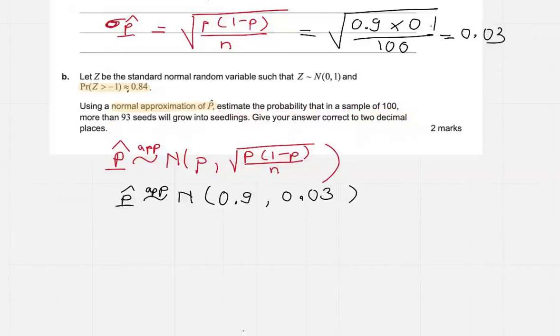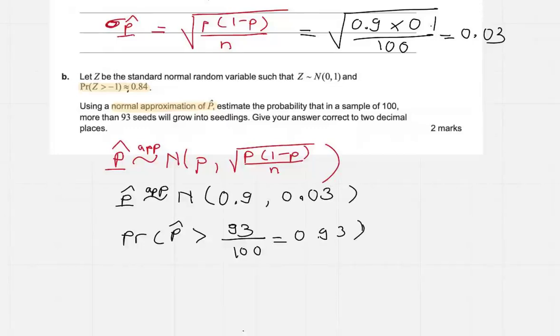They want us to calculate the probability that p hat will be more than 93 over 100, that is 0.93.